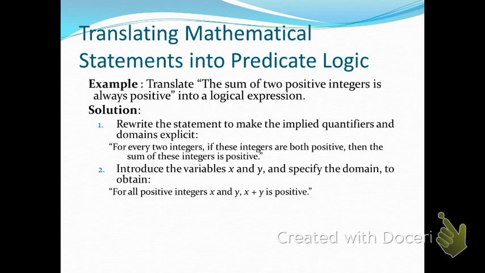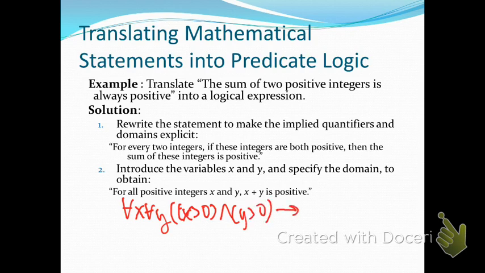So how would we write this statement? Okay, so writing this statement, for all x, for all y, okay, what do we want? If x and y are both positive, so we want x positive and we want y positive, then x plus y is also going to be positive.